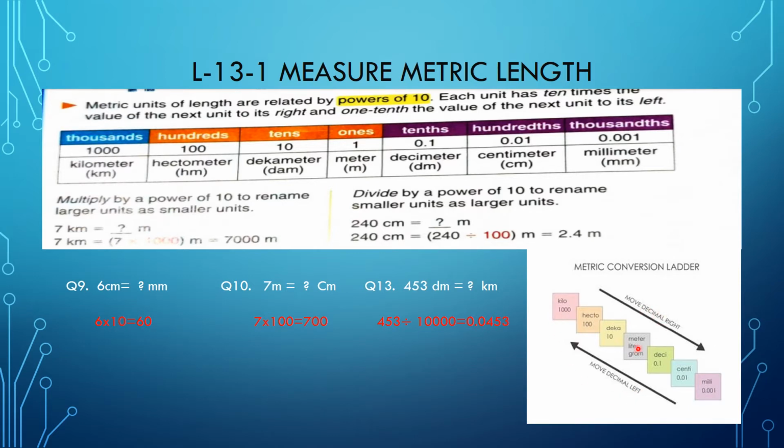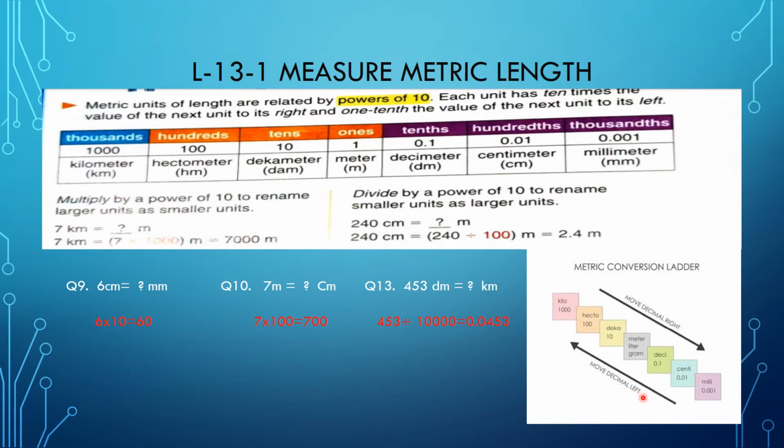In this table you can move the decimal. If you are moving down, then you shift your decimal to the right. If you are moving up in this ladder, the decimal goes to the left.